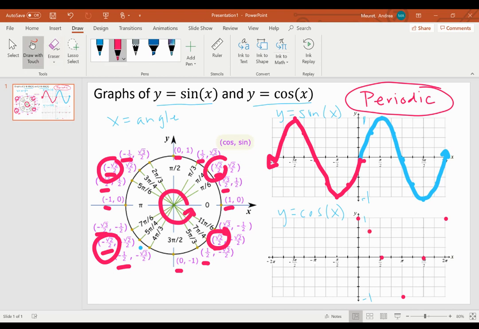And then same thing down here at about negative 0.7. And it happens over there as well, and then about here. So this is called one period of this cosine graph, and it would continue to repeat in that manner.